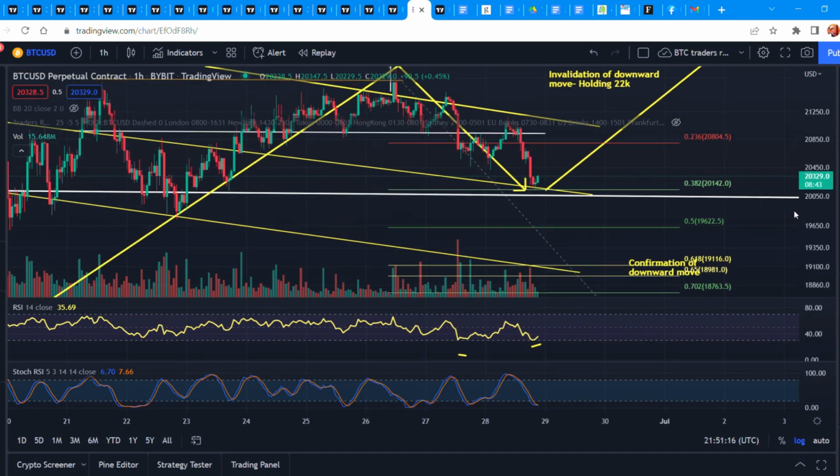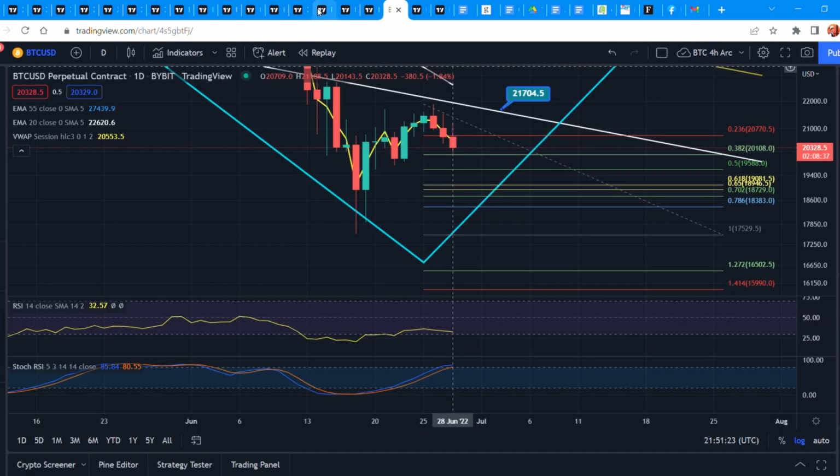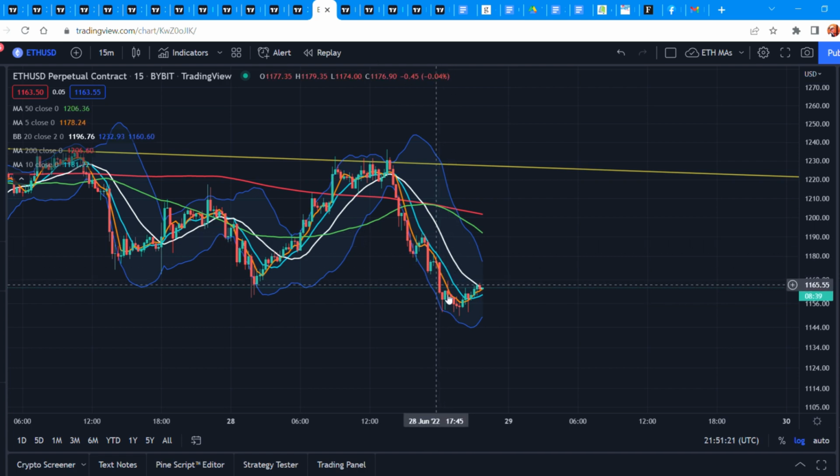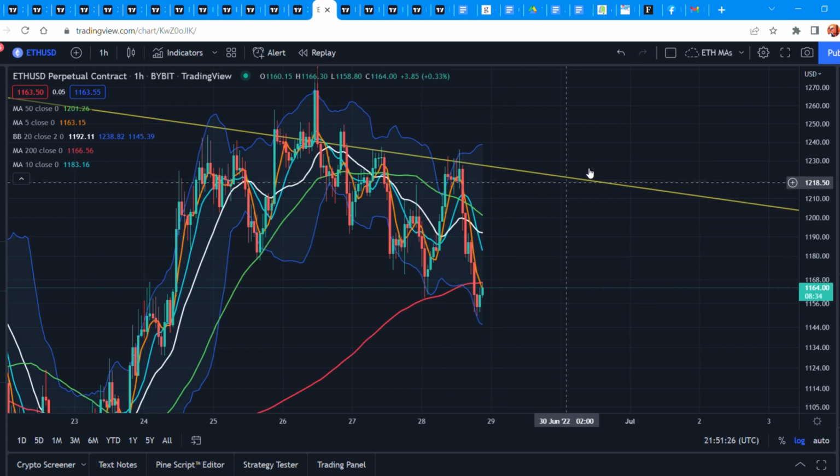If this is indeed a reversal going upwards, I would expect to see the MAs on the 15-minute and the 1 hour start heading up significantly before the 4 hour does that. And then when the 4 hour kicks in, something magical will happen. It's a bit like the stochastics as well.